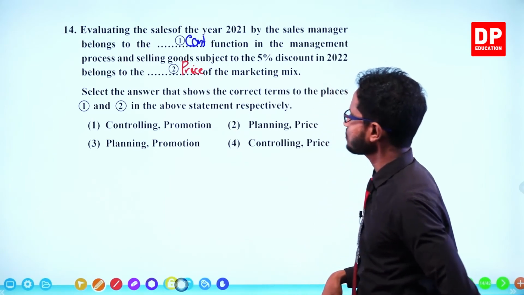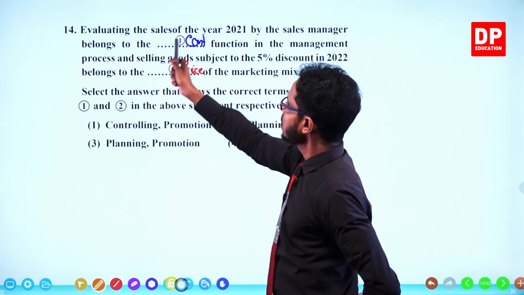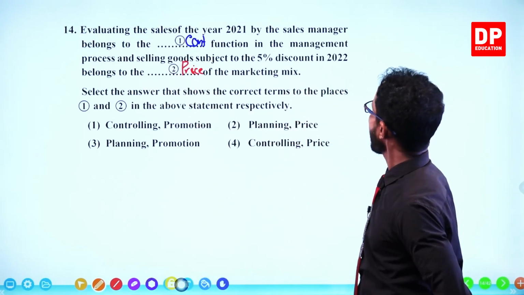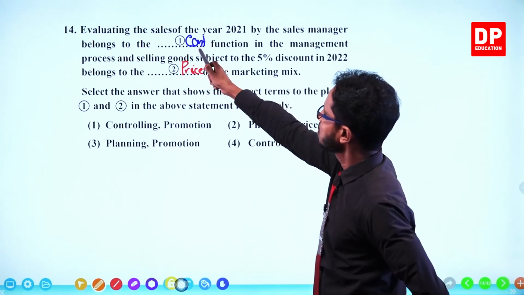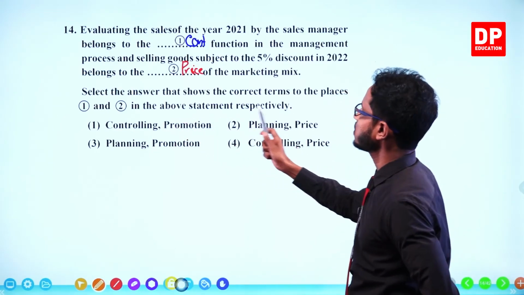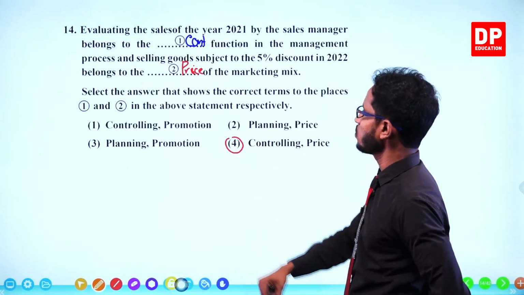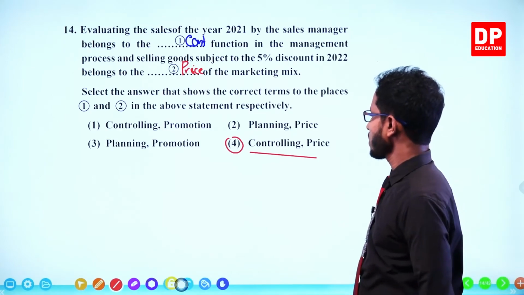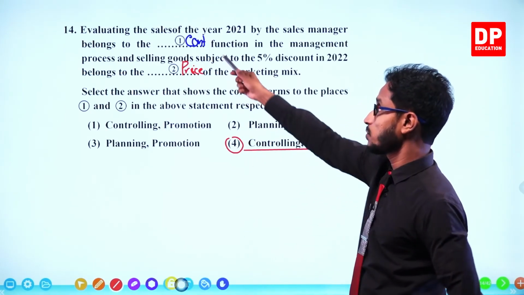Simple things, right? Select the answer that shows the correct terms for places 1 and 2. 1 should be controlling, 2 should be price. Controlling and price. Here you go. Easy to select, right, if you know the keywords.